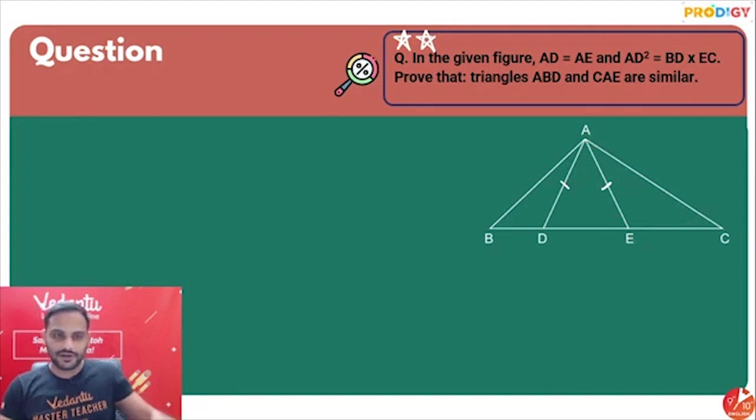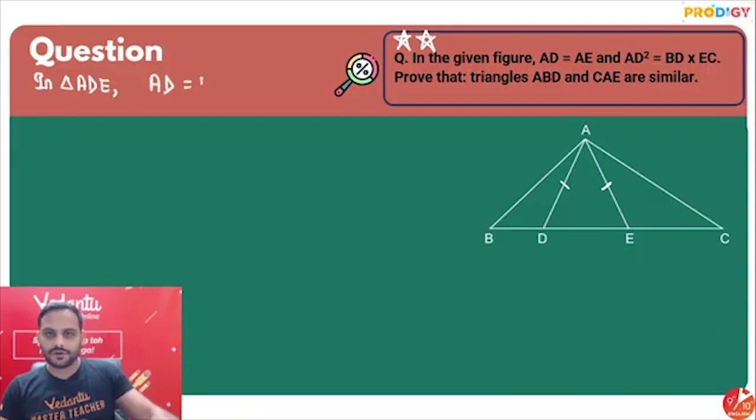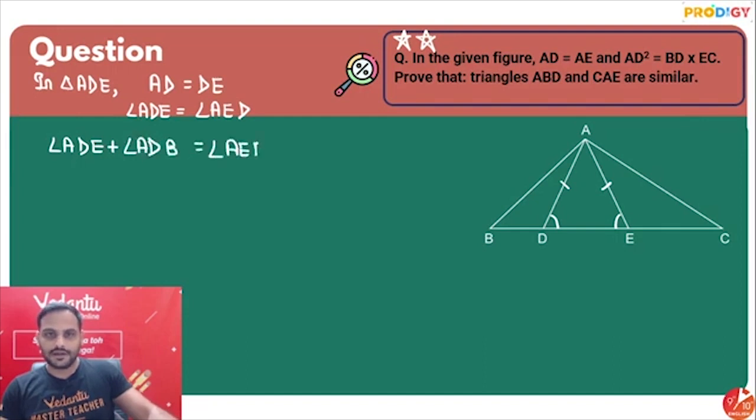So guys, look, the first thing I'll say is that if AD is equal to AE in triangle ADE, I can obviously say angle ADE is equal to angle AED. These two angles are going to be equal. Then I can say angle ADE plus angle ADB will be equal to angle AED plus angle AEC, because both are linear pairs, both are equal to 180 degrees.